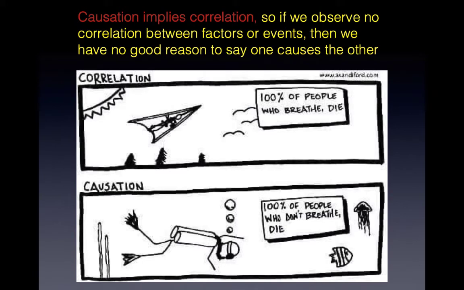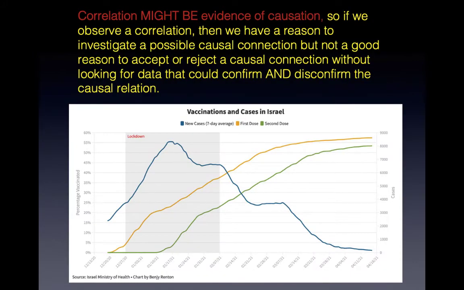Recall that causation implies correlation. Yes, you heard that right. So if we observe no correlation between factors or events, then we have no good reason to say one causes the other. Now, correlation might be evidence of causation.